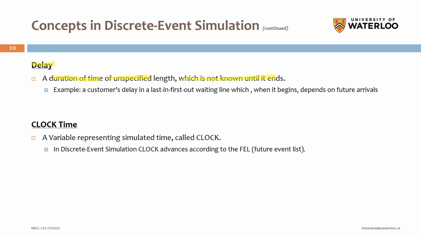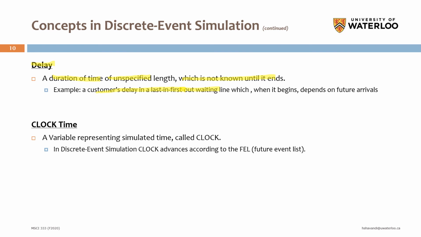For example, the customer's delay in a last in first out waiting line. These are called delays in a simulation model, but for activities, when they start, for example, service time or inter-arrival time, we know what their duration will be.